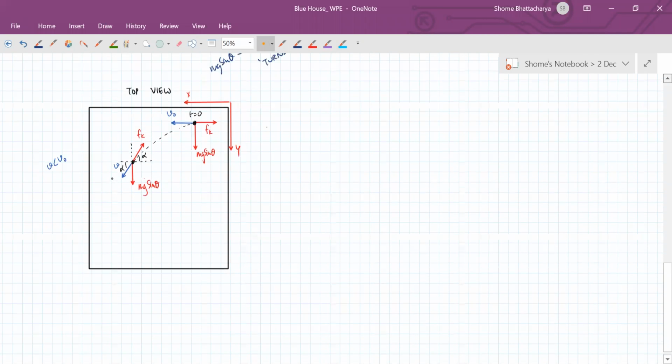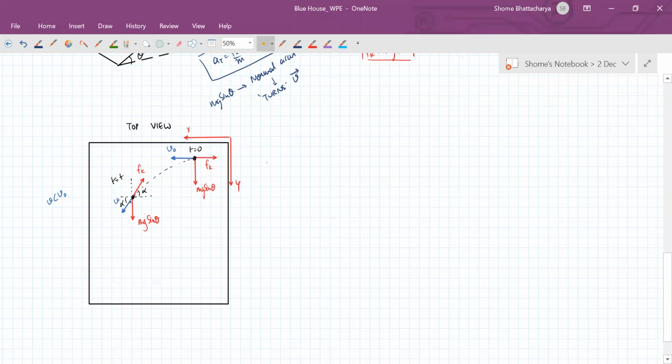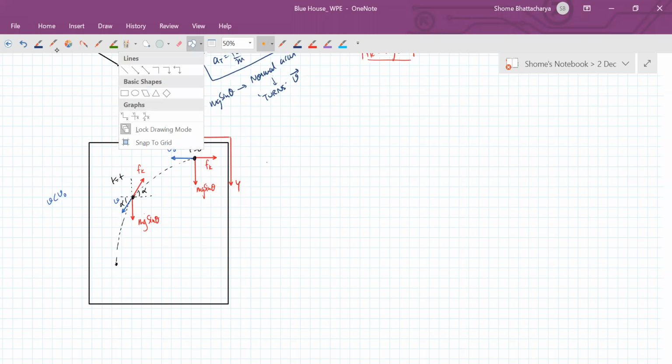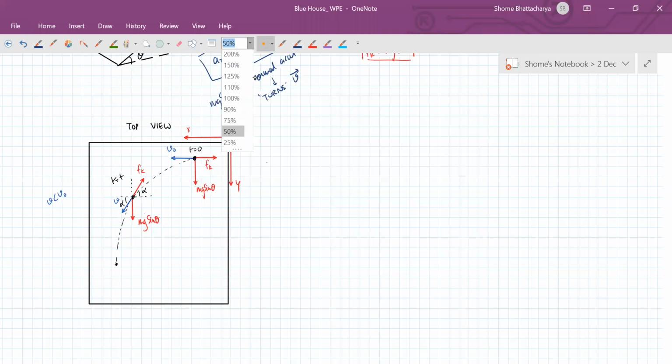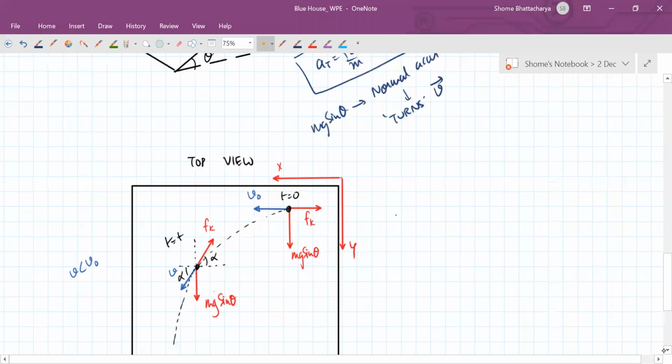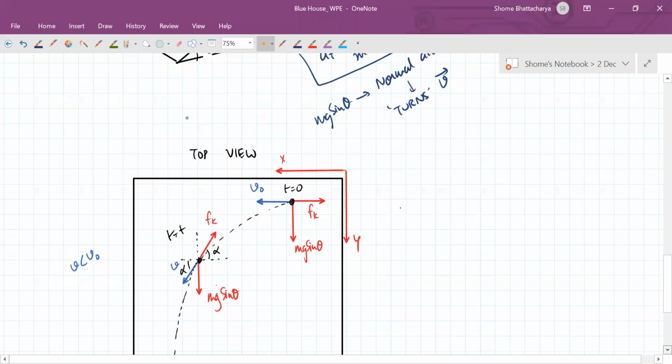So this is at time t. Now what will happen is the particle will continue turning till at some stage this happens. So the moment this happens, you'll see something very interesting, that your velocity vector and mg sine theta will become collinear.